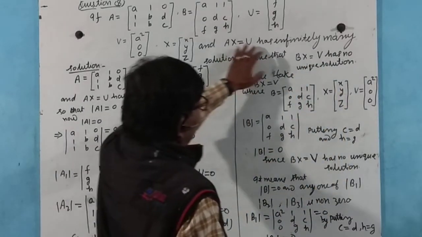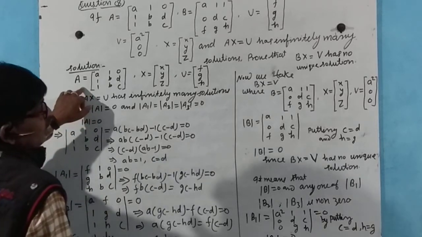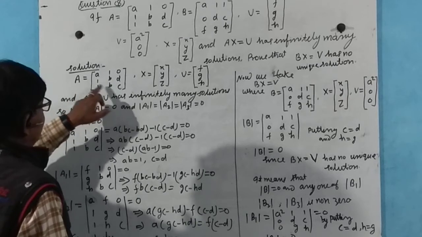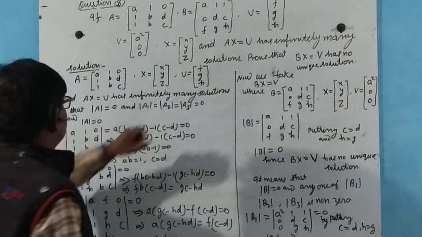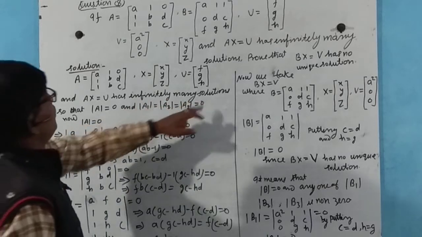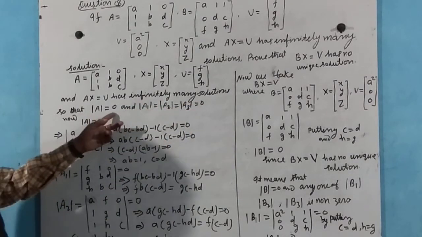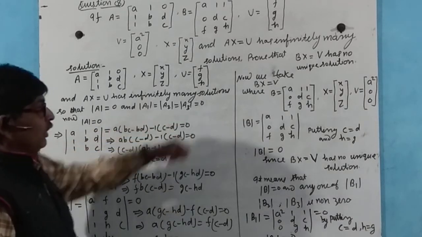It has infinitely many solutions, as here AX equal to U. Here the value of A is this, X is this, and U is this, and it has infinitely many solutions. It means that determinant of A equal to 0 and determinants of A1, A2 and A3 are also 0.